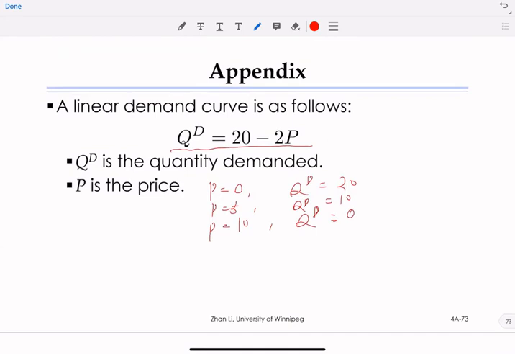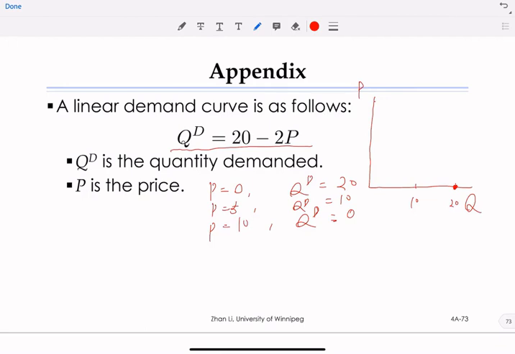You could also draw out these curves. So let's see how you could draw them. We put Q here and P on the vertical axis. We know that when P is 0, Q is 20, so we have this point.